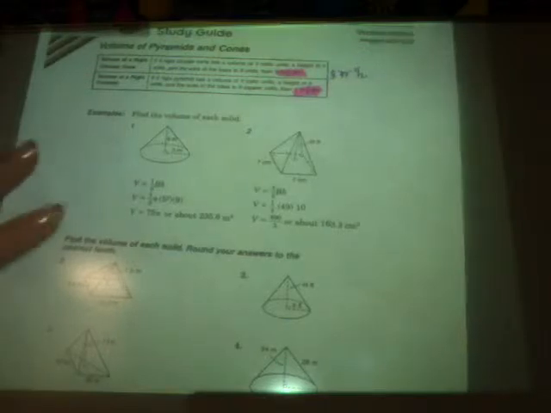But essentially the volume of any cone or pyramid is 1/3 area of the base times the height. So volume is fairly simple, but of course there can be some issues depending upon what they give you, right? So let's look at a couple problems here.